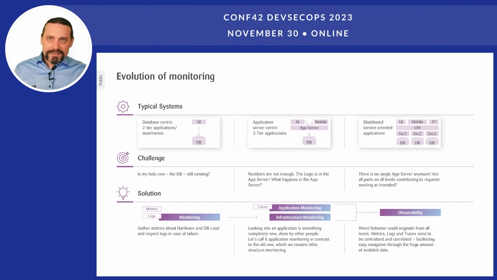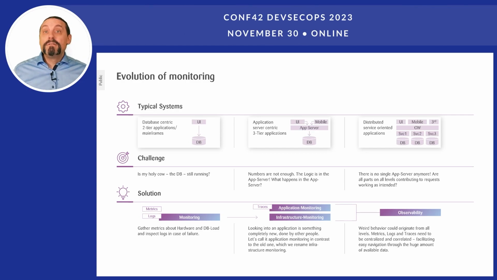These things we still have, but nowadays we have, of course, a three-tier application where you have a UI and a mobile application, then you have an application server, and behind that you have a database. Here you need to do application monitoring with traces, because you need to know where the request was coming from, UI or mobile, and of course you need to do infrastructure monitoring based on that, because now you have not only a database, you also have an application server.